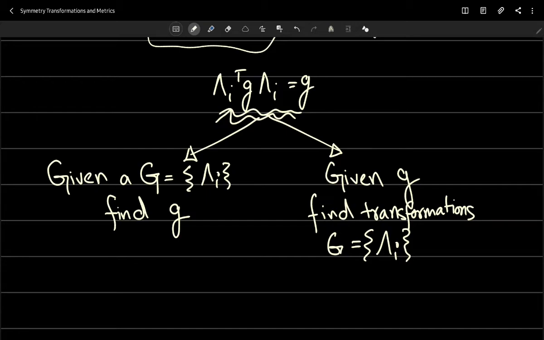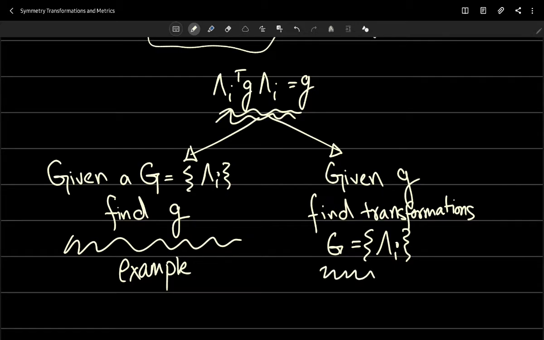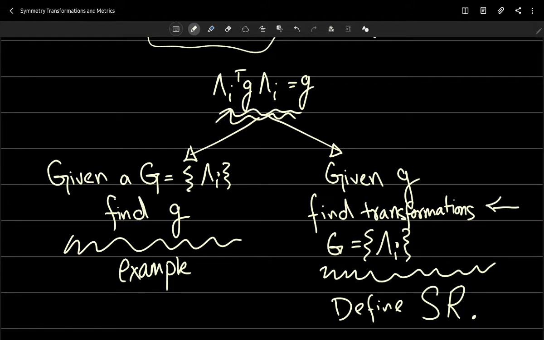Now, what we are going to do is we are going to start with an example of this, and then we will apply this thing over here to define special relativity. So we will use this part over here to define SR, right?